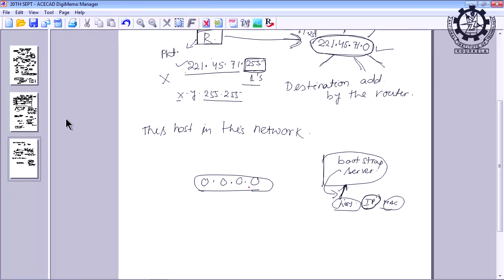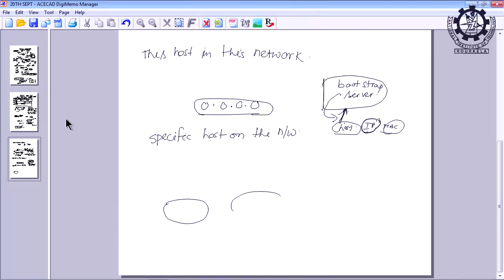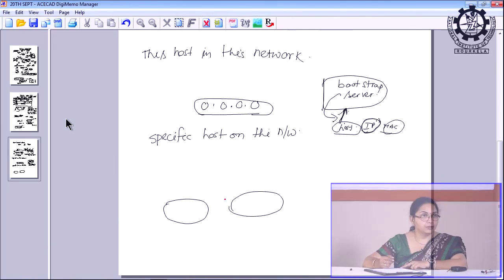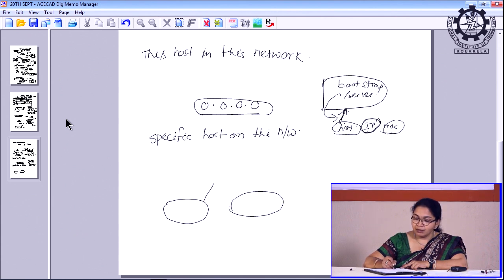Then another kind of special address is a specific host on this network, let us say. Sometimes you have multiple networks, maybe of different classes, maybe of the same class. In between these networks, either there may be a router which forwards the packet, or they are directly connected so that the packet goes from this to this.